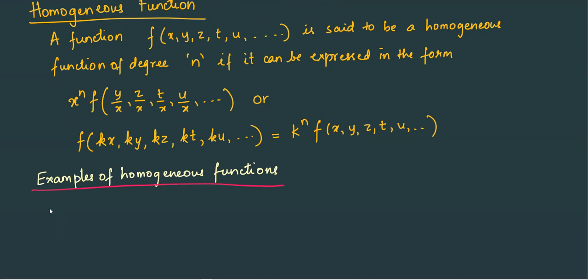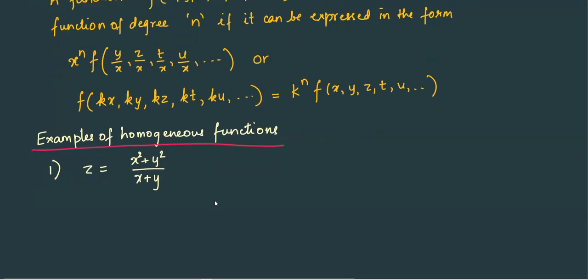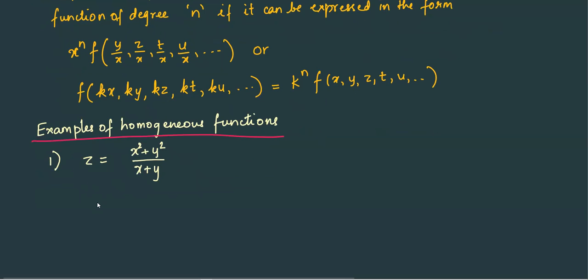So let's say z is x square plus y square upon x plus y. Now we have to see whether this is a homogeneous function or not. So best is to replace. So I can write it two ways.